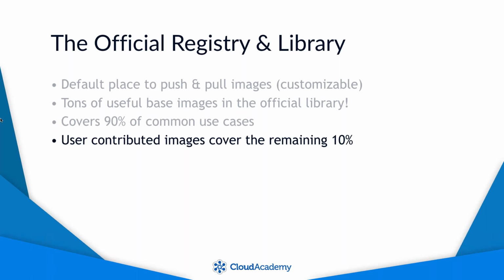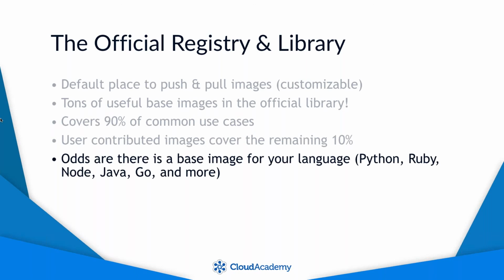The other 10% is from user-contributed images. There is a large amount of high-quality images in the official library, but I know, say, Kafka doesn't have an official image last time I checked. But there are plenty of user-provided images on the official registry that are public, so you can just pull them down and use them.